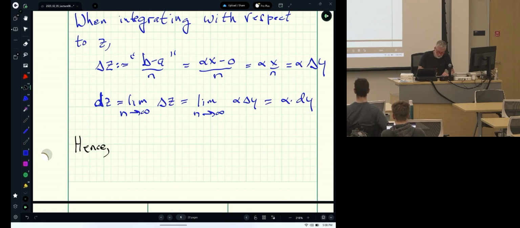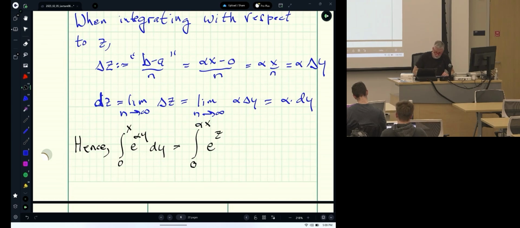And then hence, when you plug everything in, this integral from 0 to x of e to the alpha y dy, alpha y goes to z. When y equals 0, it's z equals 0. When y equals x, z equals alpha x.